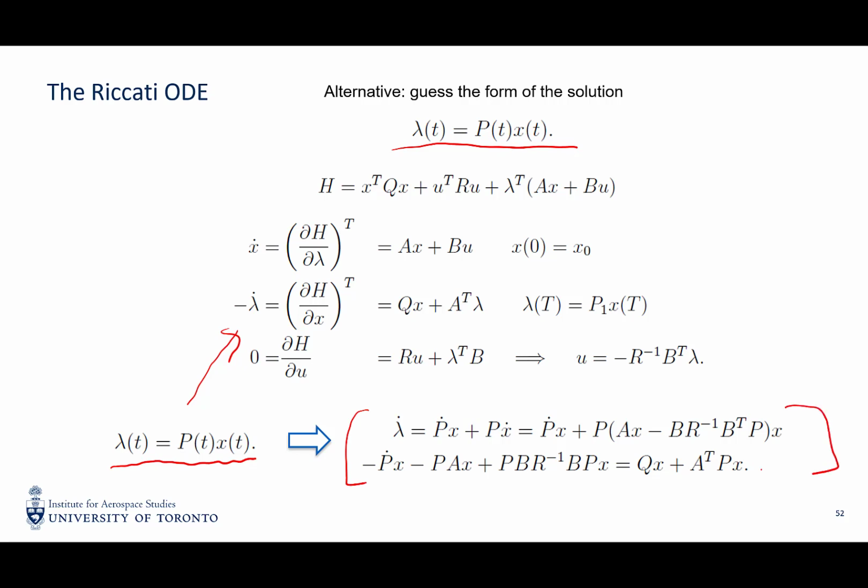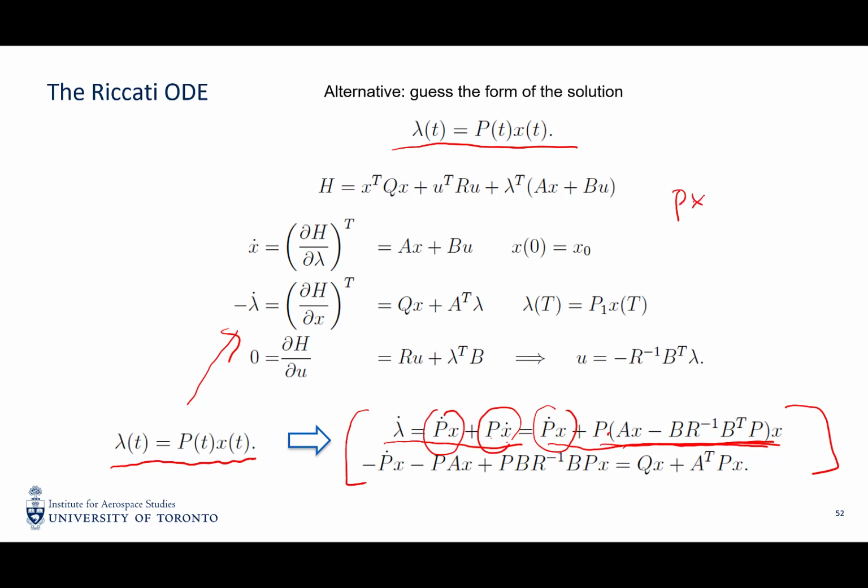So for lambda dot, we can use the chain rule to calculate it, and then we apply both the controller and the system state to get p dot x times p times all this in here. The first term is the same, and the second term is because we have p times x dot.